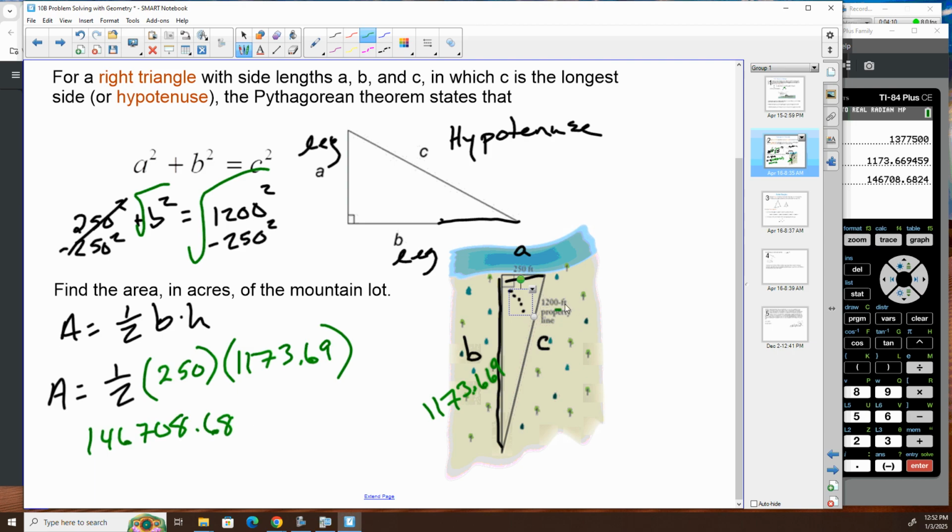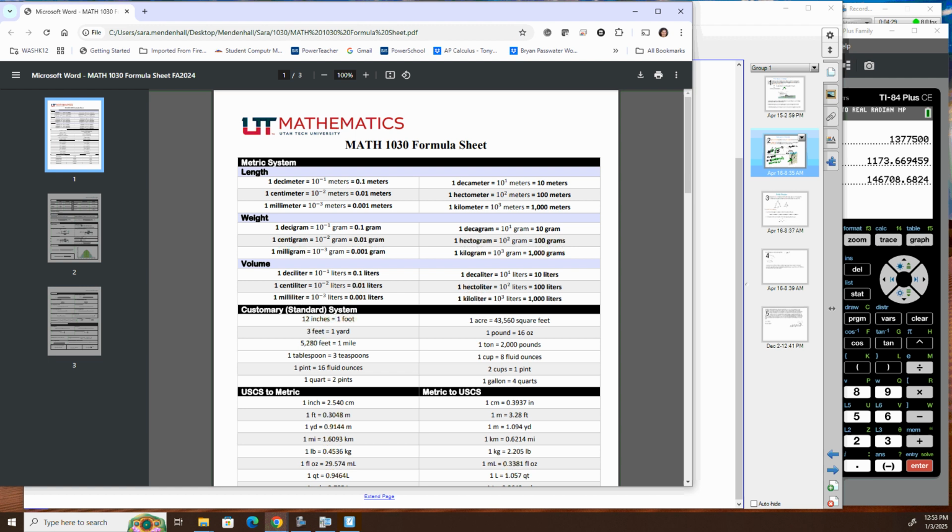Now this unit was in feet, so since it's area, this would be feet squared. Now this question didn't say to get the answer in feet squared, it wanted to know the area in acres. So I have to know how many feet are in an acre, and I honestly don't have that memorized, so I would either look it up online or look at the reference sheet you guys are given.